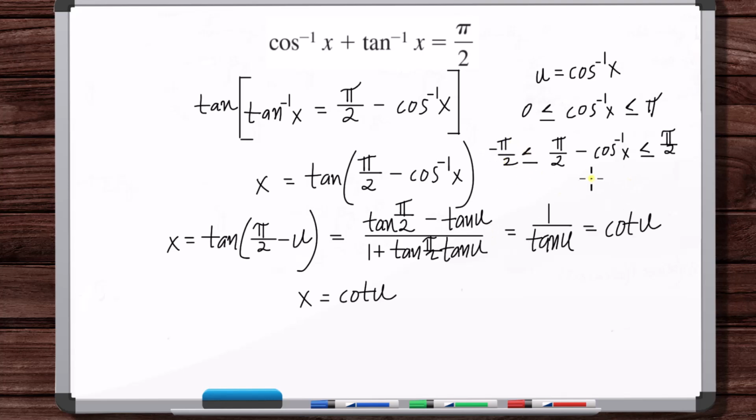Okay, so now if we subtract pi over 2 from both sides, so minus pi over 2 is minus pi. Then we've got, okay, pi over 2 minus pi over 2 is 0. Okay, now if we multiply this by -1, now we flip the inequality.